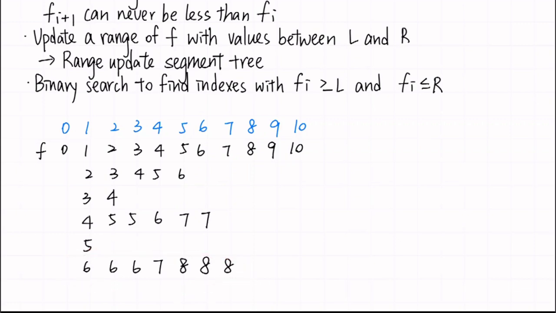We use binary search to find the first value that's included in L equal to 4 and R equal to 7. So this is the value that we find for binary search on L, and if we perform binary search on R, we will find this value, so we can update the values in the range 1 to 7.